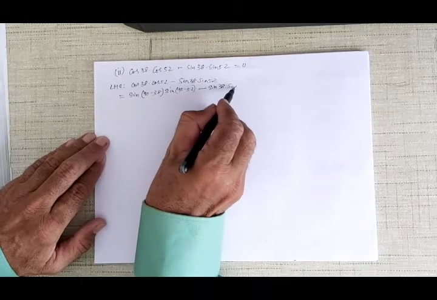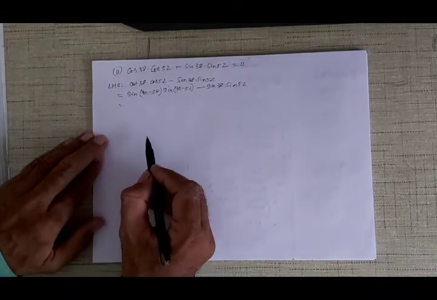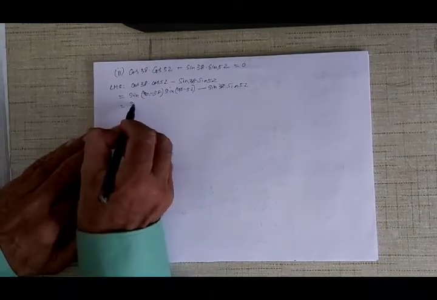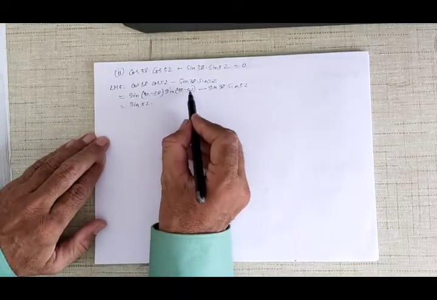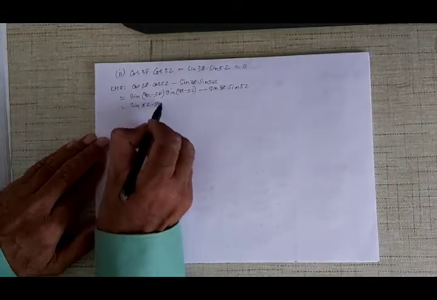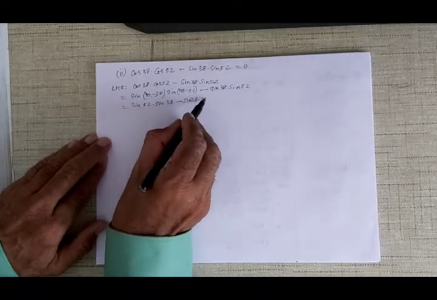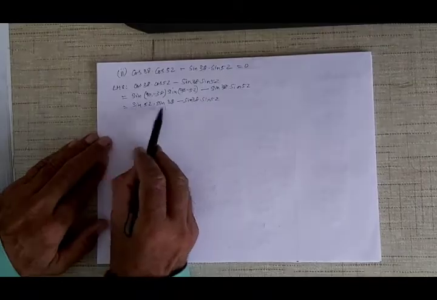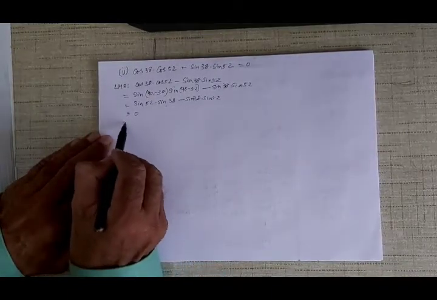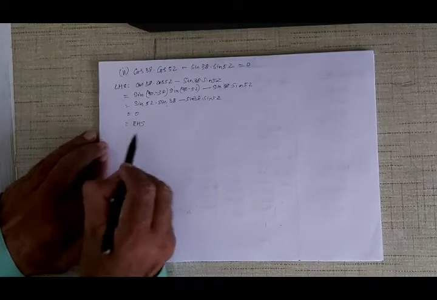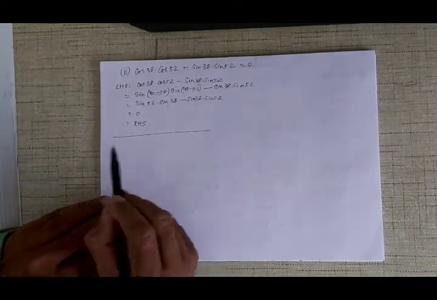I let sin 52 remain. 90 minus 38 will be 52, so I get sin 52. 90 minus 52 will be equal to 38, so I get sin 38 minus sin 38 into sin 52. Now you can see sin 52 and sin 38 are the same in both terms, and therefore this will be equal to 0, and that is equal to RHS. Don't change both. That is the key to remember. They are complementary, but you should never change both.